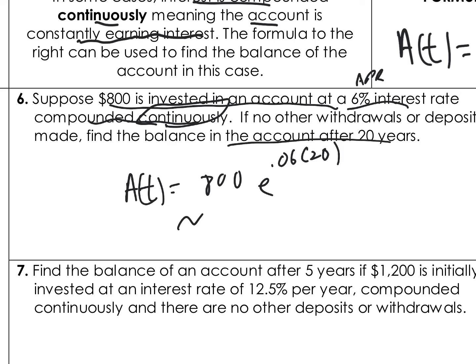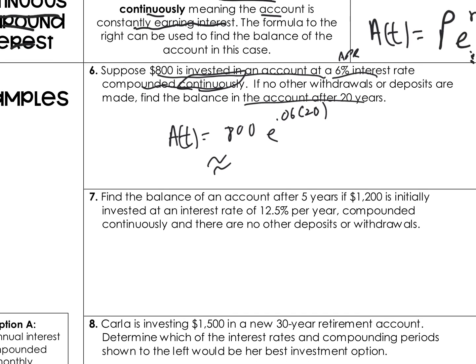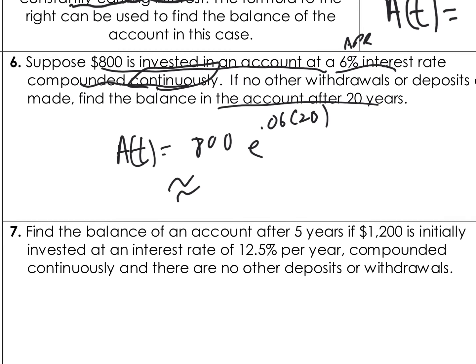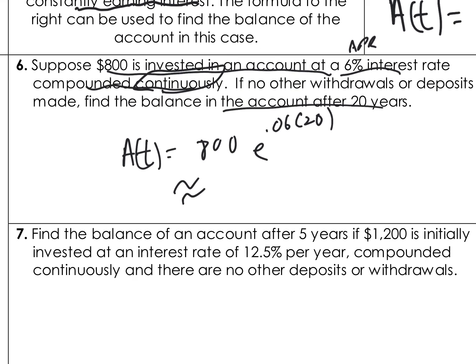I'm just going to go to the calculator. Key it in, please. It's got to be more than 800. Holy cow, how much? 2,656? 2,656.09.